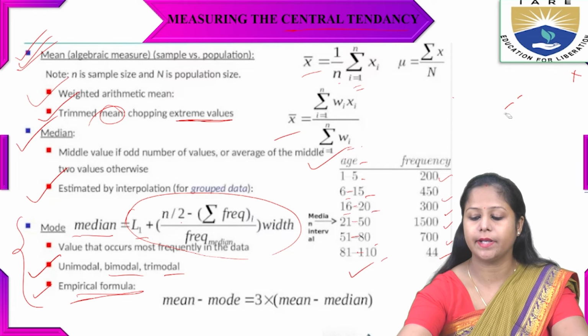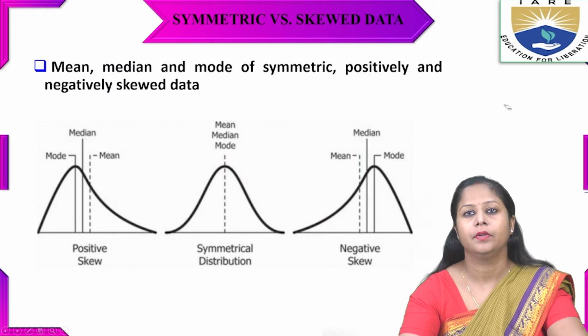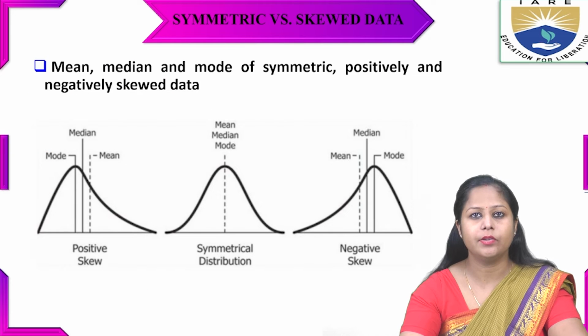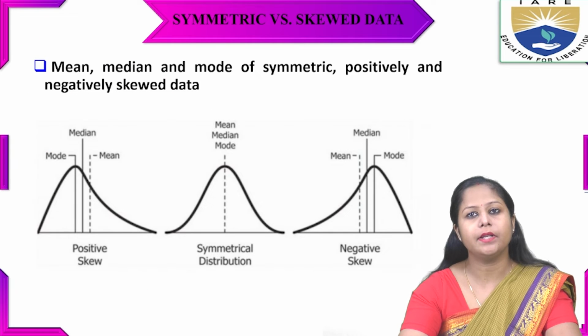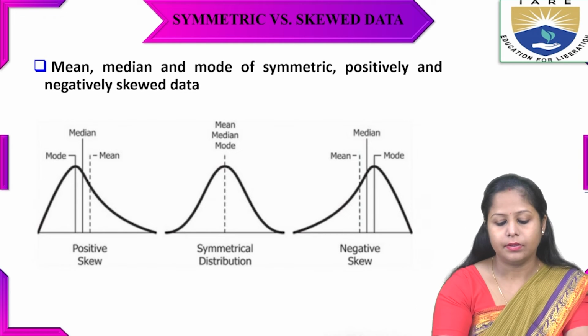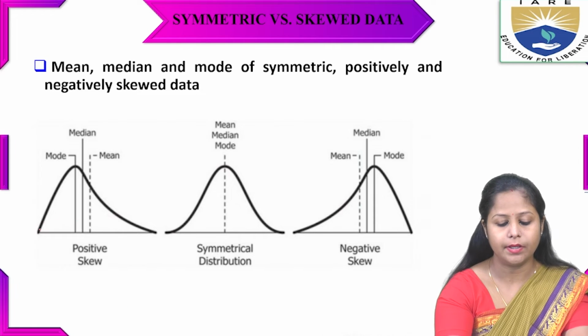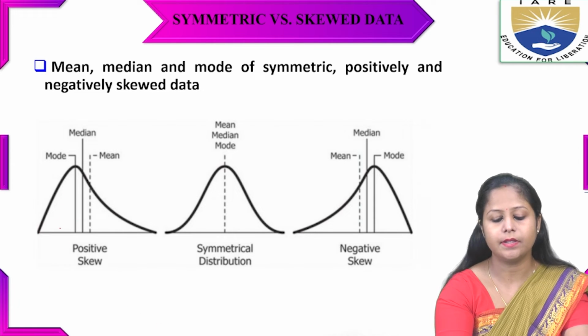So that was the central tendency for some data set. Symmetric and skewed data: the mean, median and mode of symmetric, positively and negatively skewed data. That is shown in the form of a graph. Here we can check some plot of a data set.